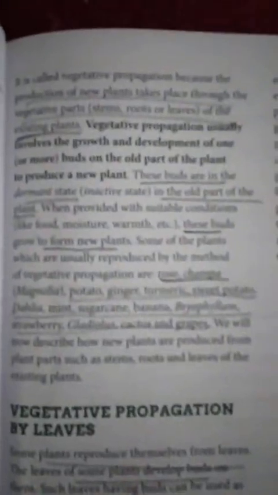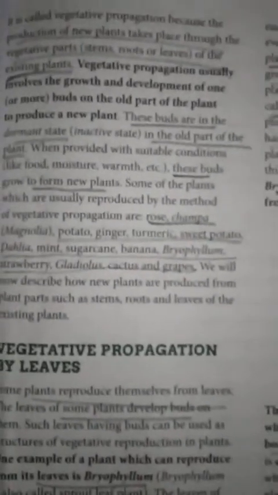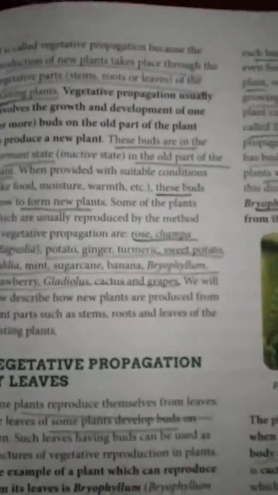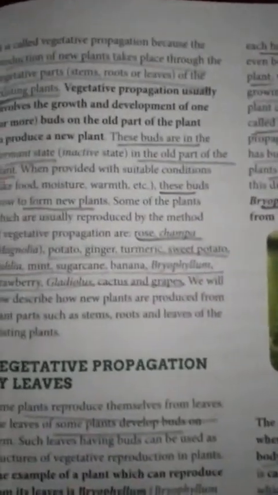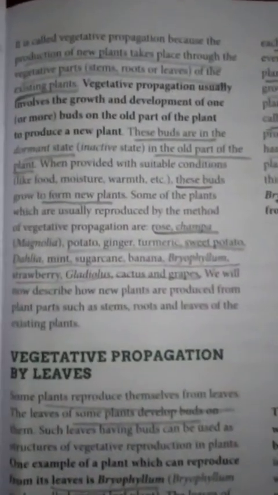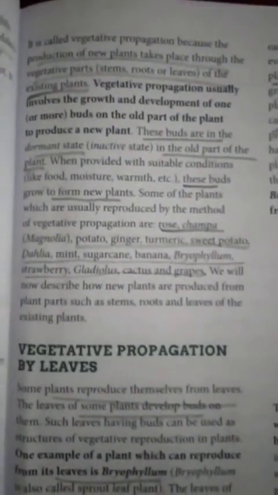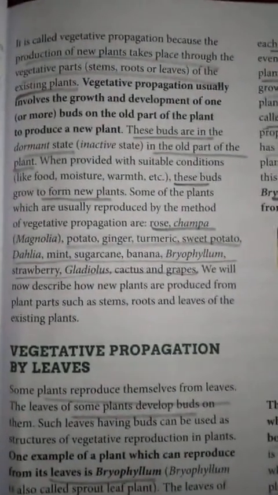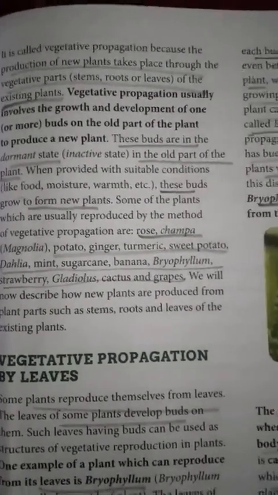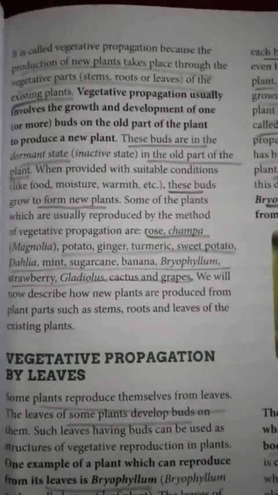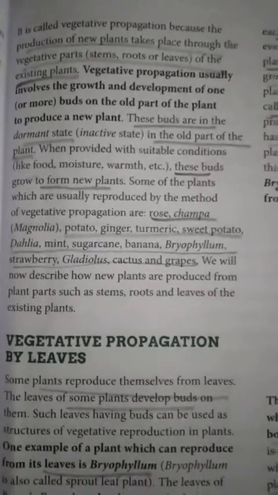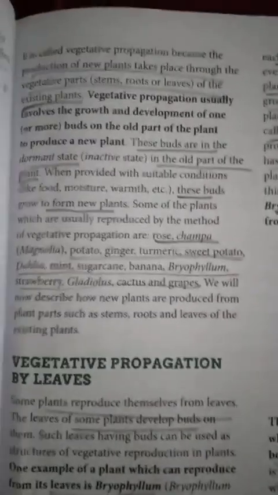Now vegetative propagation is a kind of production where new plants are being produced through the buds, okay. The buds remain attached to the old plants and they are present in a dormant condition. It means they are not in an active state, okay. And what happens, these buds from the dormant state in the older plants, in the presence of suitable conditions, when the conditions get favorable, okay, adequate food, moisture, warmth, they just develop into new plants.